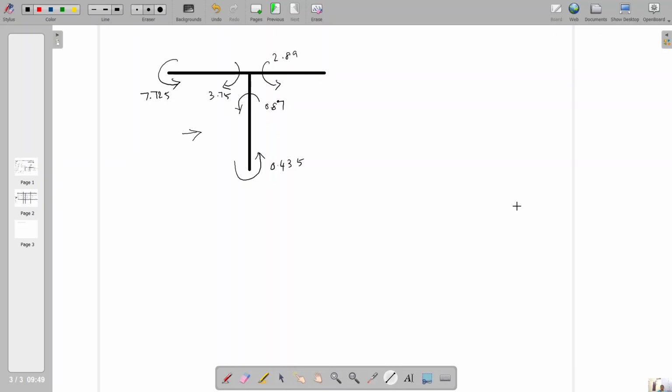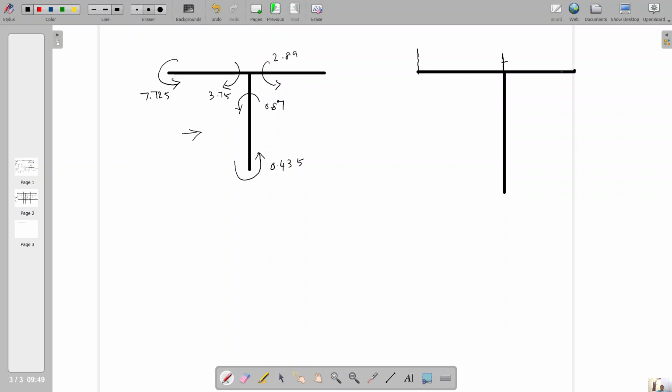Next you extend the ordinate on the tail side. So it is 7.725. I'm going to consider the minimum ordinate because you draw for a particular rough scale, and here it is 3.75, and at the same point we should note 2.89.